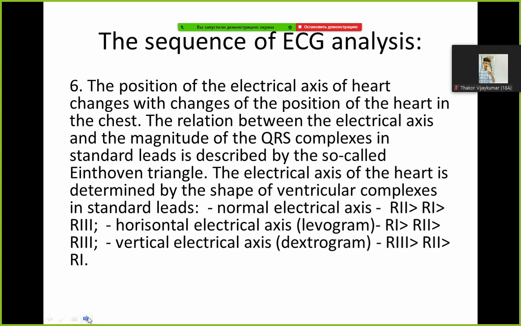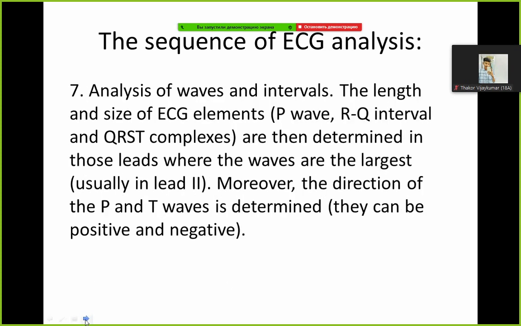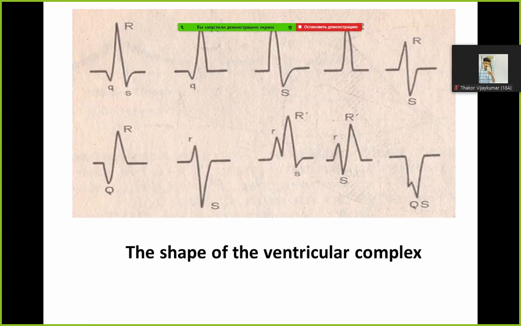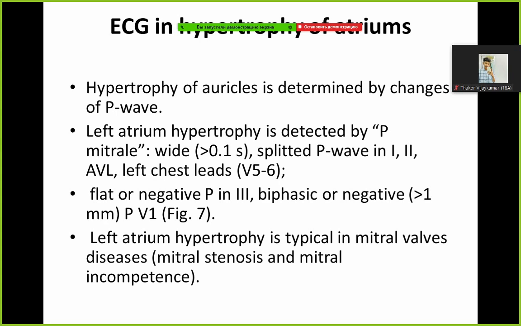Then we estimate the position of the electric axis and analyze the waves and intervals. So we will start from analyzing the P wave and determining different types of hypertrophies.